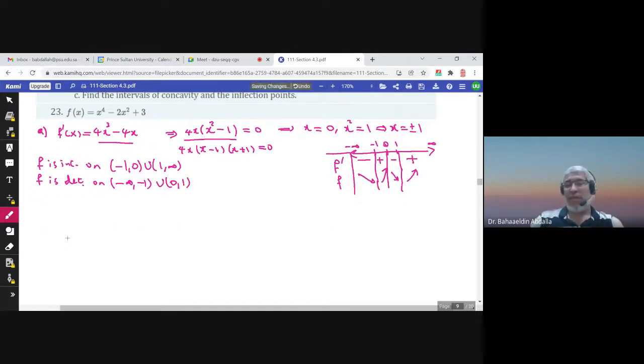And we can see that at negative 1, we have a local minimum. So the local minimum is actually f of negative 1. And we can find f of negative 1 by replacing x here by negative 1.